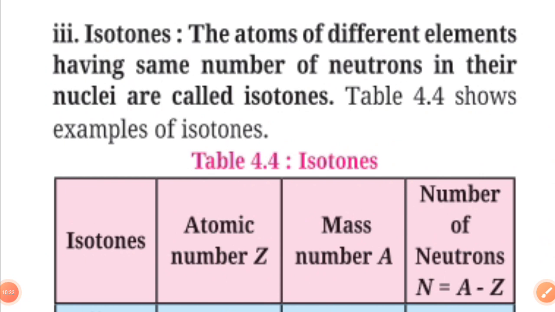Isotones. The atoms of different elements having the same number of neutrons in their nuclei are called isotones. Table 4.4 shows examples of isotones.